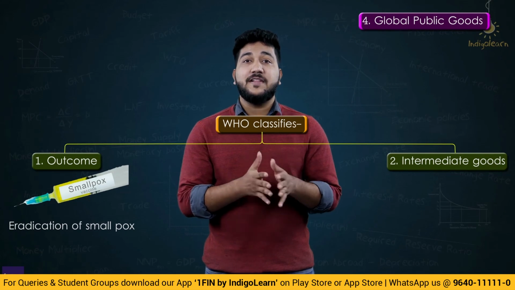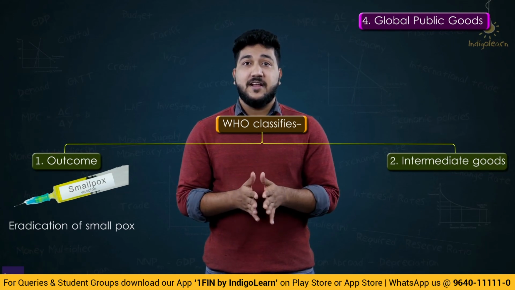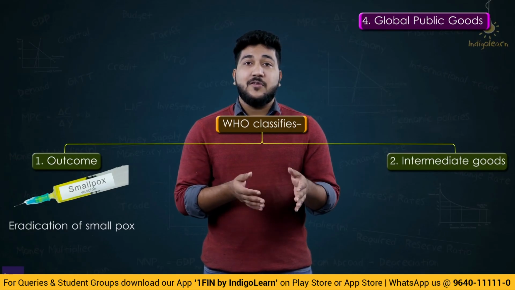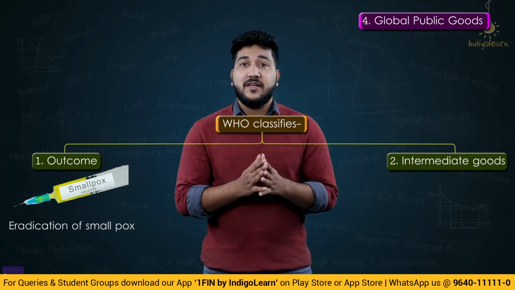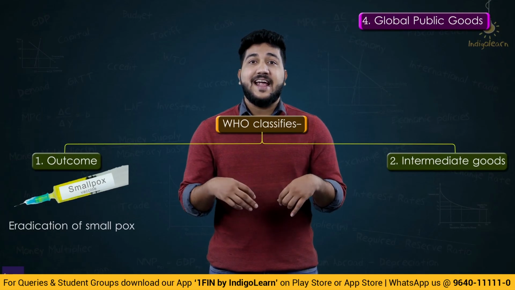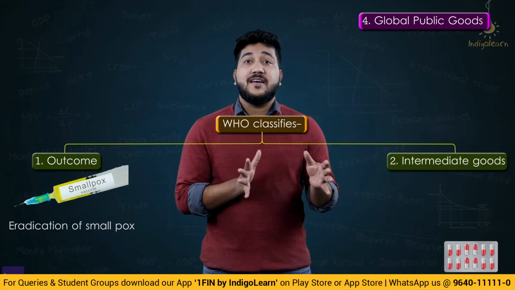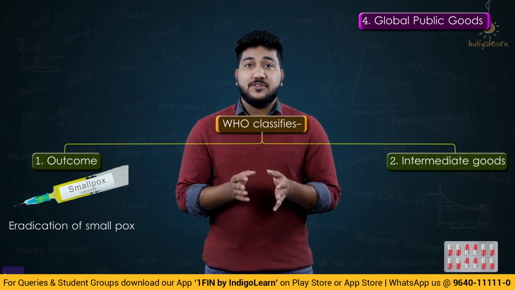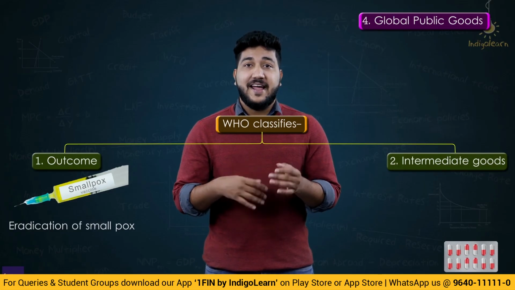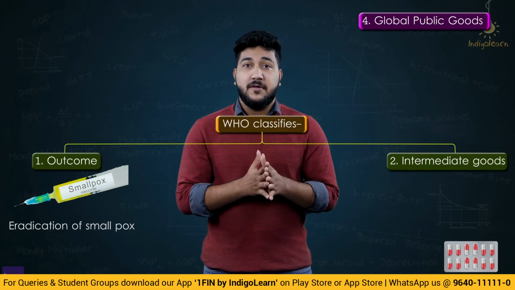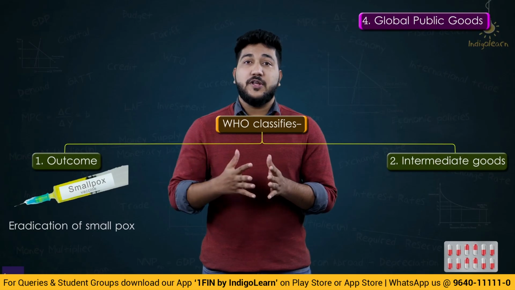Now today in none of the countries smallpox exists. Now that is thanks to whom? WHO. And intermediate goods are the goods which led to this particular outcome. For example, for eradicating smallpox, there were a lot of medicines which were supplied. Now those are the intermediate goods. Just like that today, the WHO has been trying to eradicate a lot of other diseases which are eradicable, such as polio, correct?